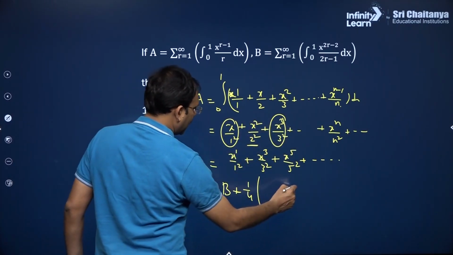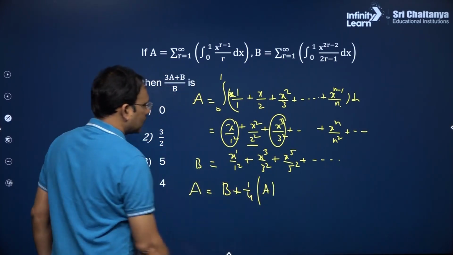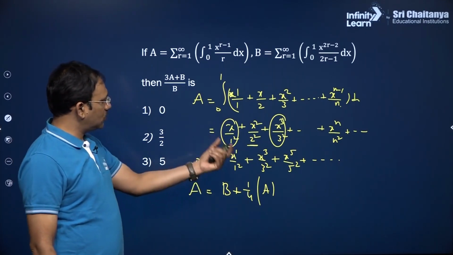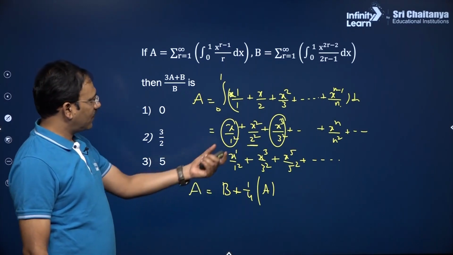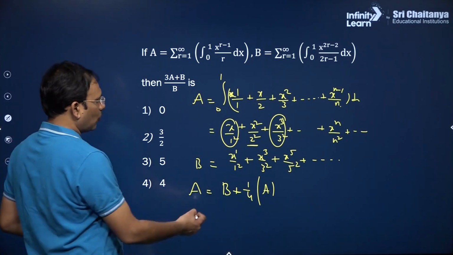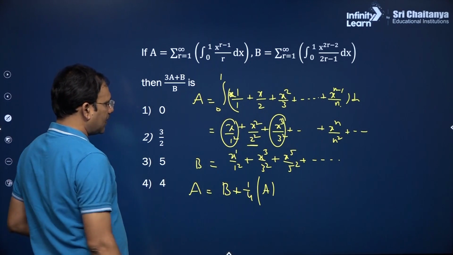You are going to get, my dear friends, this is a again. So you just consider a as the separate odd suffixes, plus from the remaining, if you take 1 by 2 square common, you are going to get this part again as a.